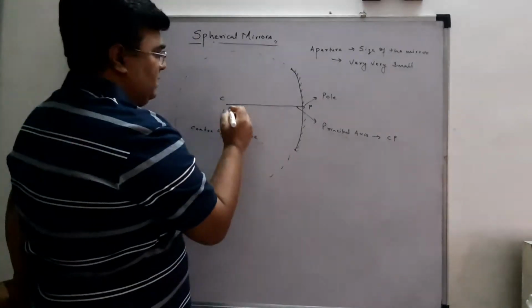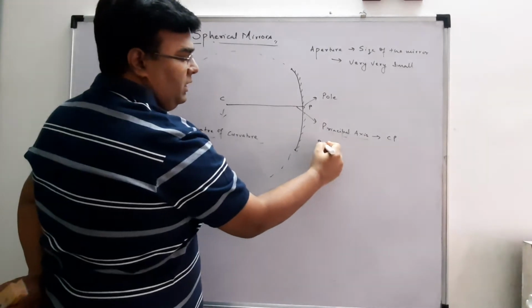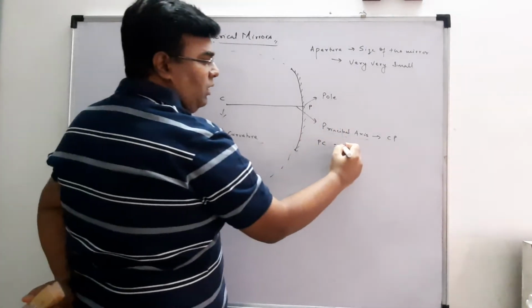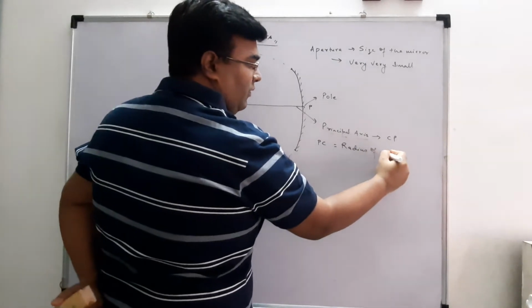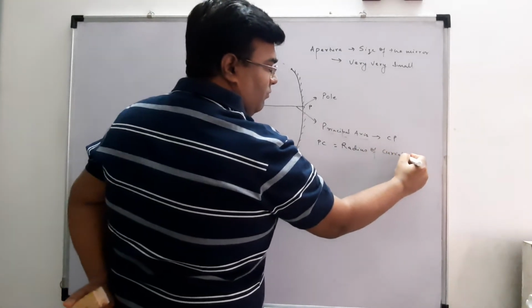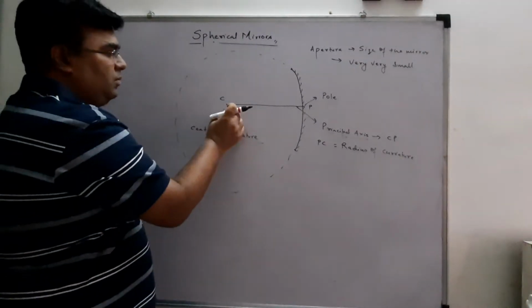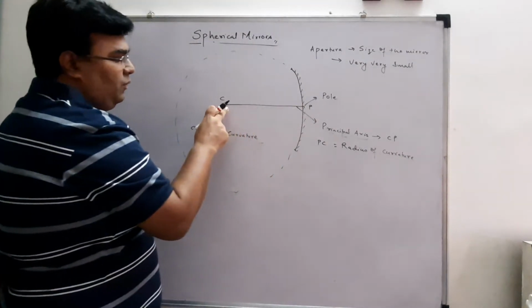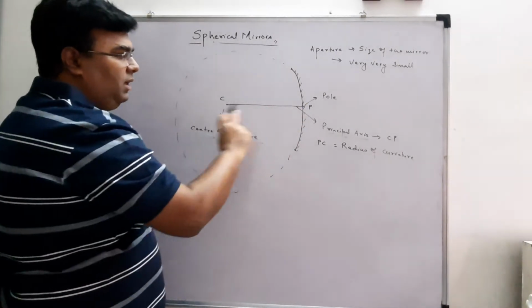Now this distance from the center to the pole, this PC, is the radius of curvature. From the center to a point on the curve is known as the radius.